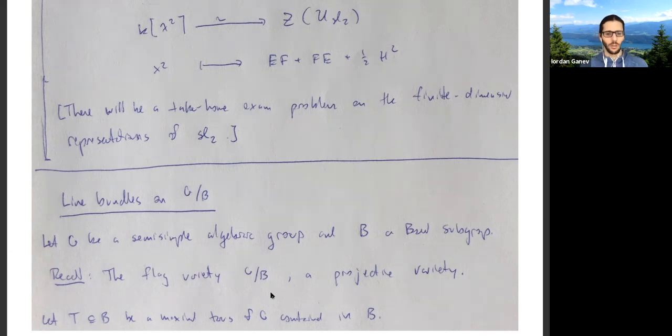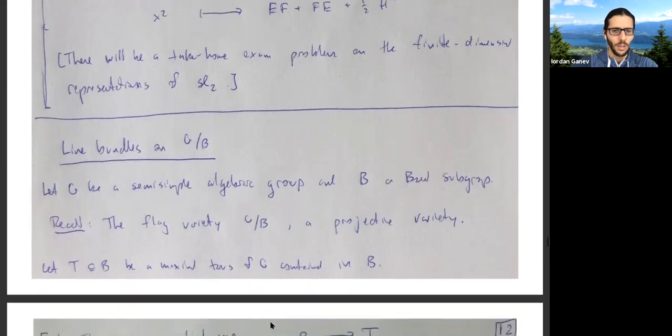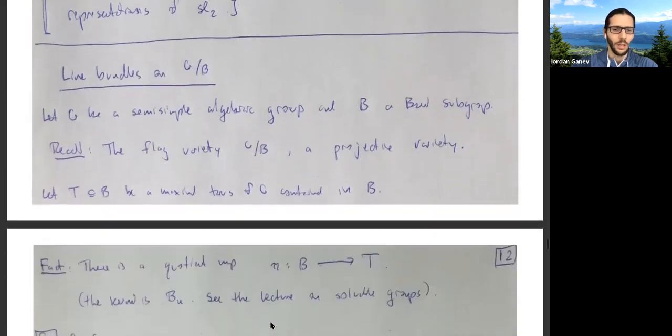So the data of a one-dimensional subspace, a two-dimensional subspace containing that one-dimensional subspace, a three-dimensional subspace containing the two-dimensional subspace, and so on. And it's a projective variety. We also choose a maximal torus of G that's contained in B. And there's also a quotient map from B to T.